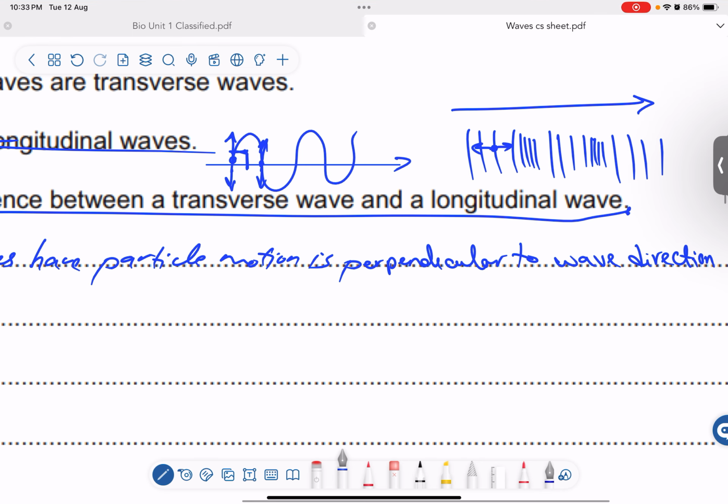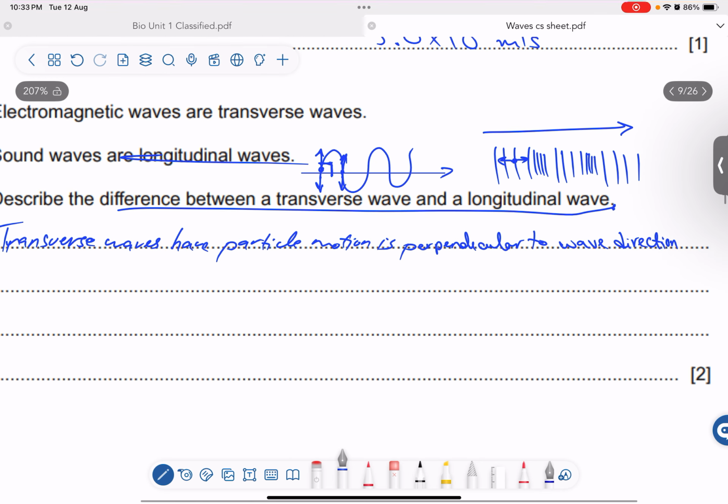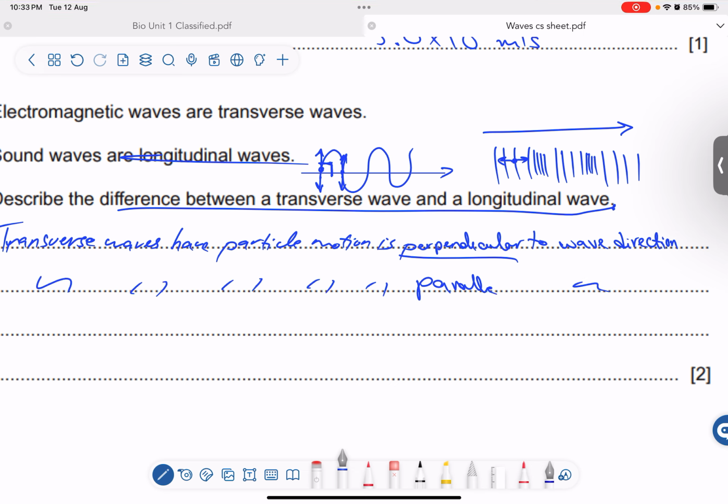Then you're going to write the same thing for longitudinal, but the only difference is instead of perpendicular, you're going to say parallel, because it's actually parallel. The wave direction is like this, and the particles move like this, parallel to it, no intersection.